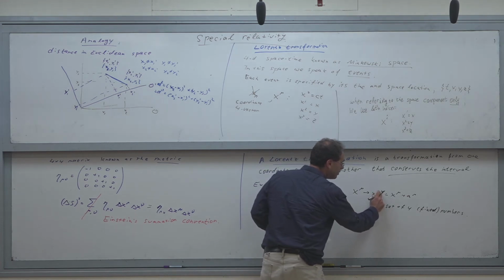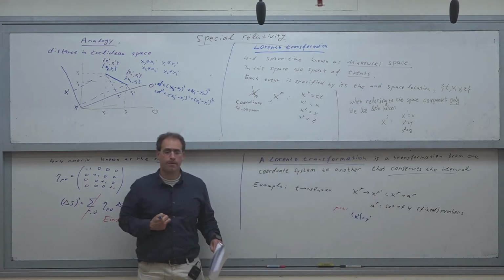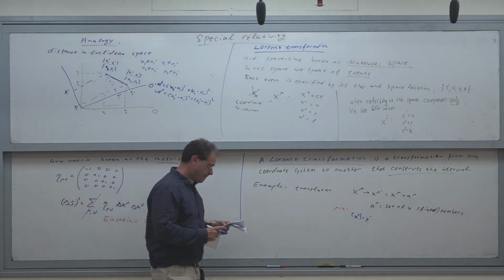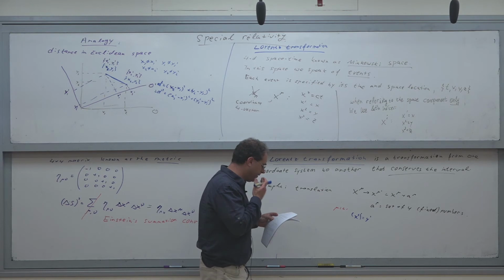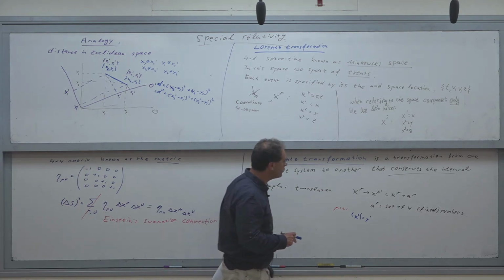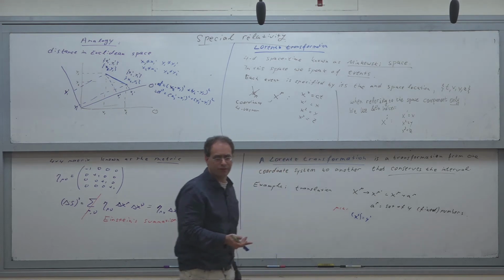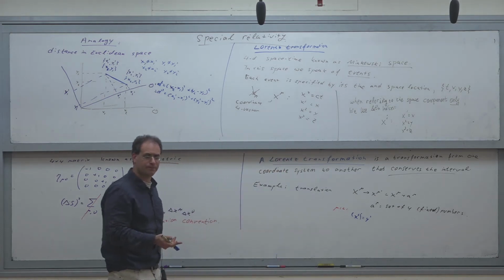That's why I put the prime on the mu. Obviously, when I make a translation, the difference, delta x mu, is unchanged. So the interval is unchanged.